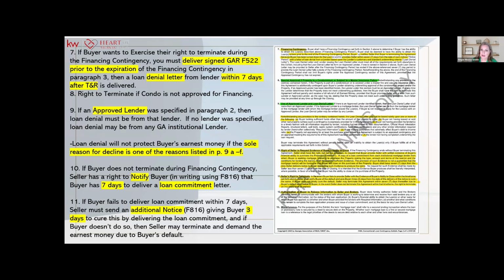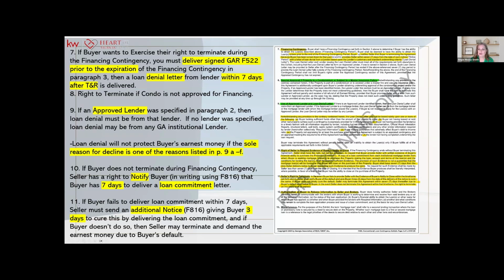If that 3-day period then passes and you still have time on the calendar prior to closing, that would give the seller a right to then terminate if they wanted to. They're not obligated to, but if they wanted to, they could terminate the contract due to the buyer's default by not delivering the loan commitment, and they could make a demand for the buyer's earnest money.